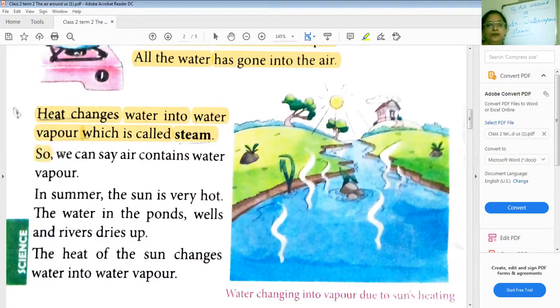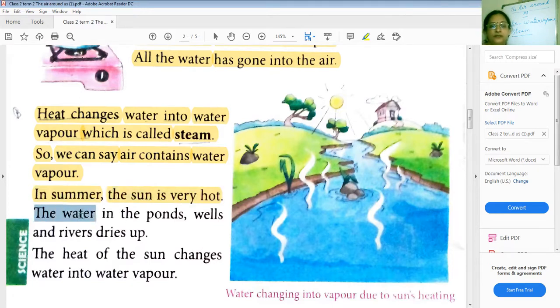So, we can say air contains water vapor. What can we say? We can say air contains water vapor. Read after me. In summer, the sun is very hot.